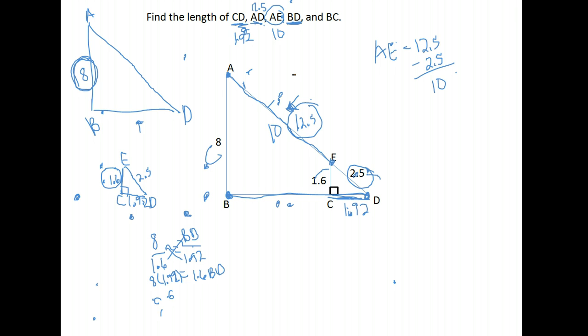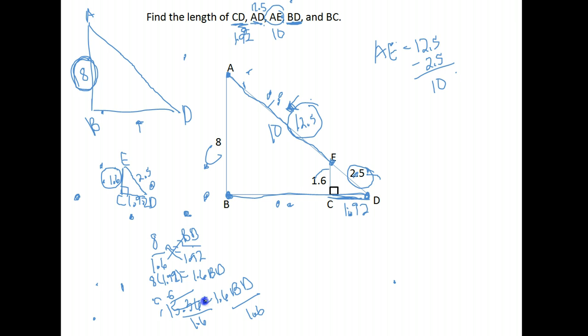If we take our 1.92 times 8, we get 15.36, which equals 1.6 BD, and we solve from there. We divide both sides by 1.6. So 15.36 divided by 1.6, and we get 9.6.